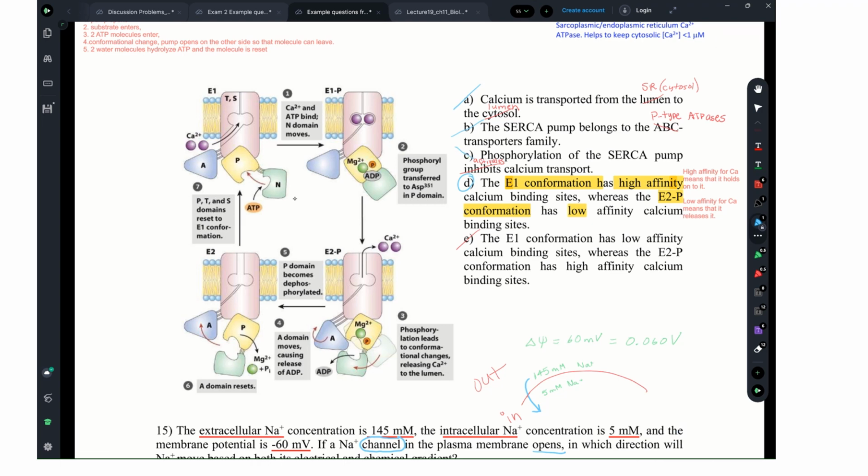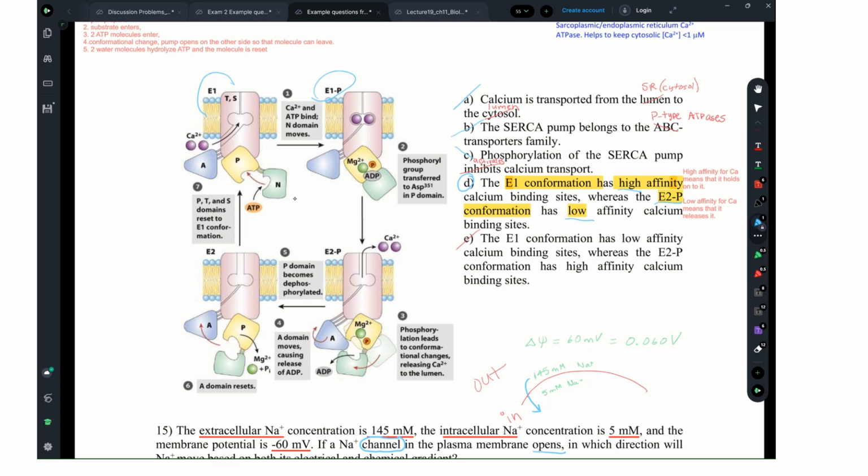D, the E1 conformation, so that's up here. The E1 conformation has high affinity for calcium binding sites, whereas the E2P conformation has low affinity. So this makes sense, because high affinity for calcium means that it holds on to calcium.